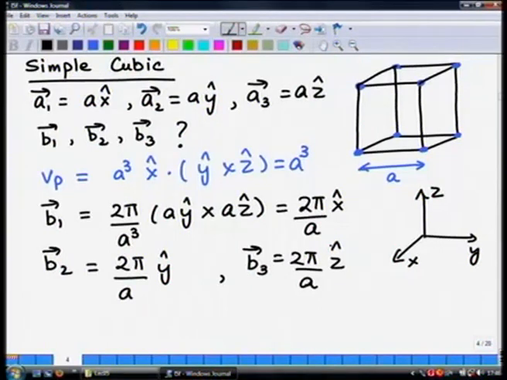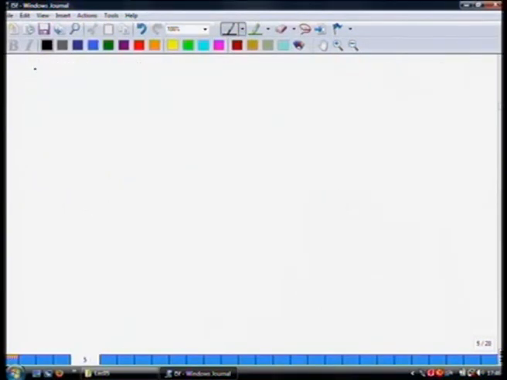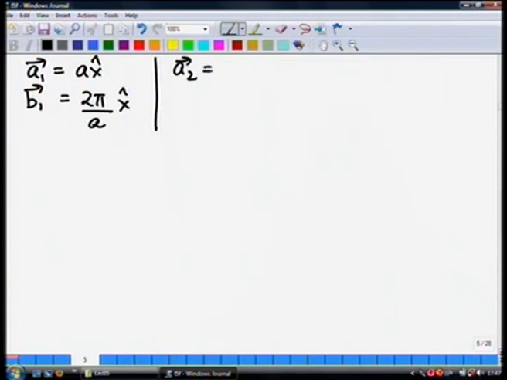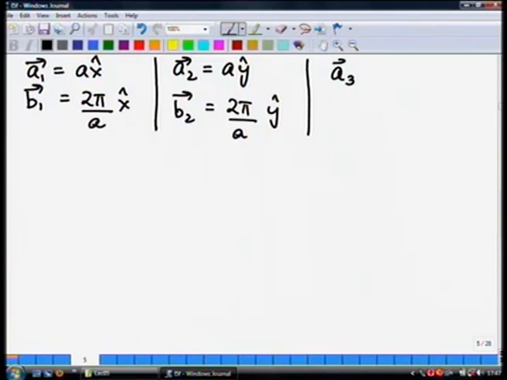Now notice, make a comparison. A1 was a x hat, and B1 is 2 pi by a x hat. A2 was a y hat, and B2 is 2 pi by a y hat. Similarly, we look at A3, that was a multiplied by z hat, and B3 is equal to 2 pi by a z hat.